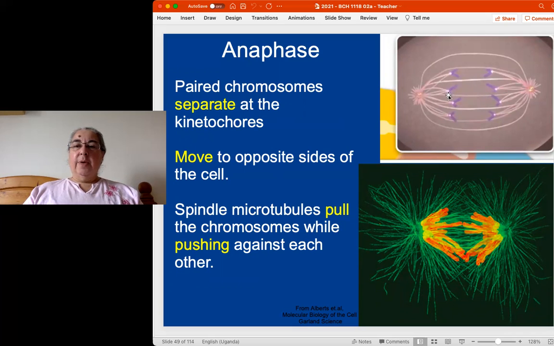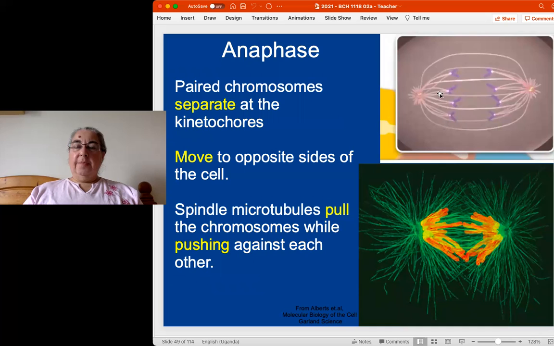Okay, so now each different sister chromatid has a centromere attached to a kinetochore attached to a spindle, pulling it in opposite directions towards the two opposite sides of the cell.